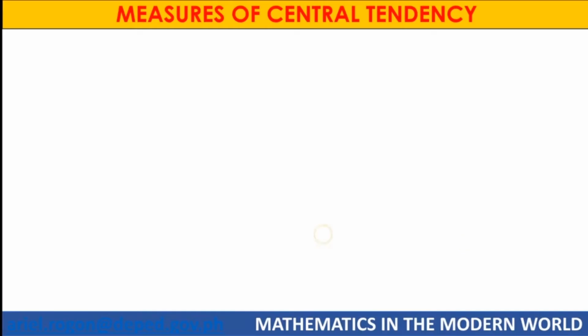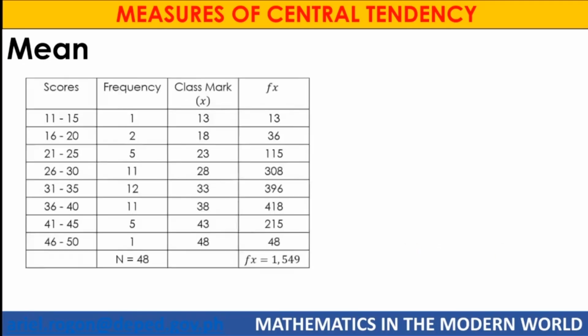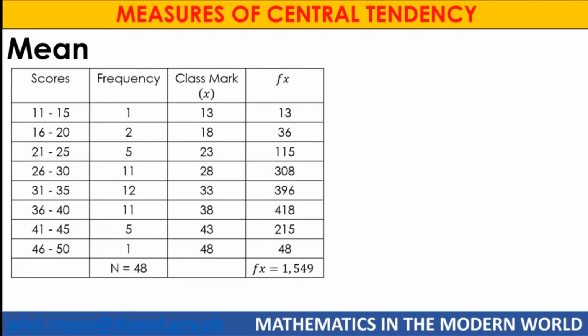So in solving for the mean, we only need this table. So we have the given, which is the scores and the frequency, the class mark, and the fx. Okay, only these 4 columns are needed. Now, what we're going to do next is just to follow the formula.